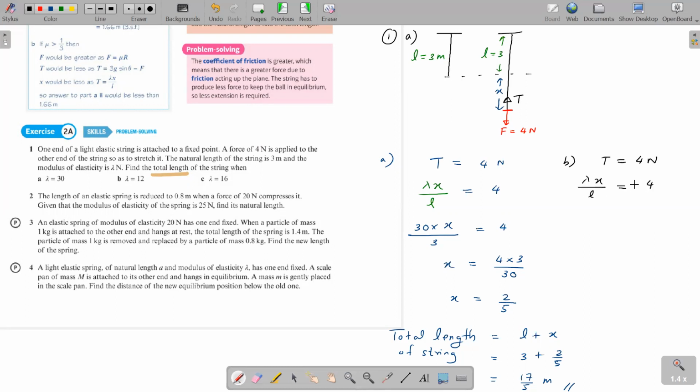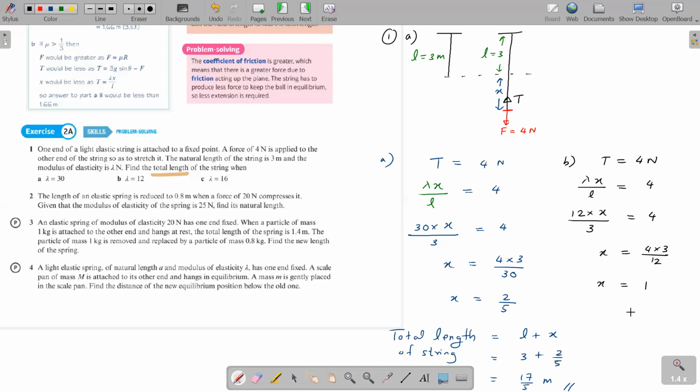So now for part B, the lambda value is 12. x is unknown. Natural length is still 3. The natural length doesn't change, right? Equals 4. So then you can again get the answer for x. So x equals 4 into 3 divided by 12. What's the answer for x? x equals 1.